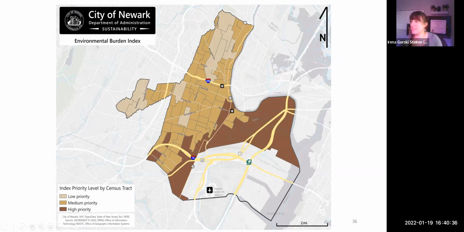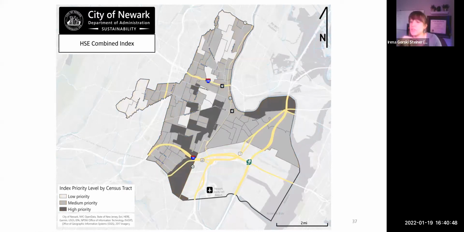Notice all of this is pretty much surrounding the industrial area, these high priority census tracts. And now here's a look at all 3 indexes combined. To me, this looks very similar to when we just had the health and socioeconomic one, but a few extra census tracts are prioritized over here.